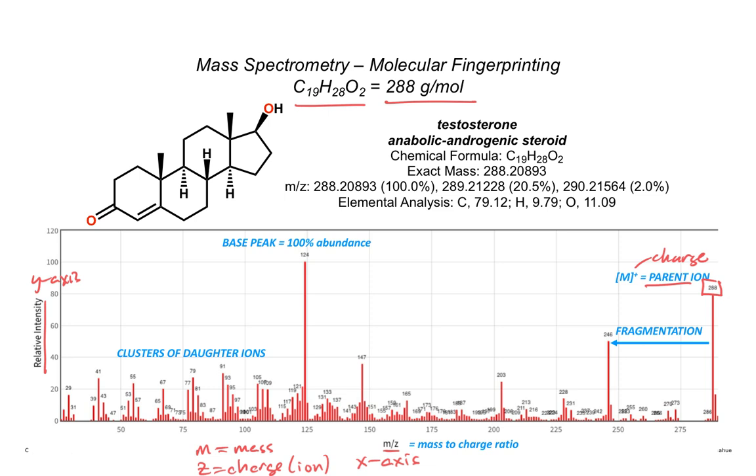But what about all these other masses that are lower? Essentially, those result from fragmentation. The molecule is charged now, it's higher energy, it's going to degrade into other little bits of smaller mass. And that's what you see with all the other lines.